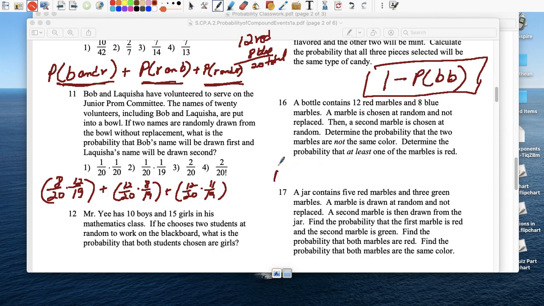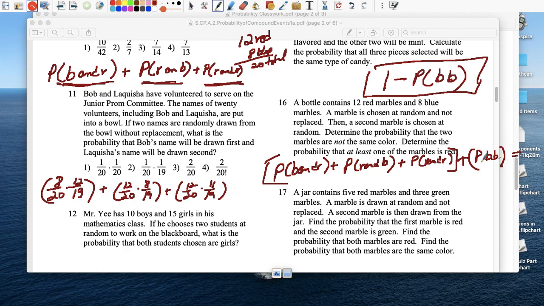We can even write P of B and R plus P of R and B plus P of red and red. If you take all those, I'll put brackets over here, plus the probability of blue and blue, because these 3 events and this event are complements, it should give you 100%.